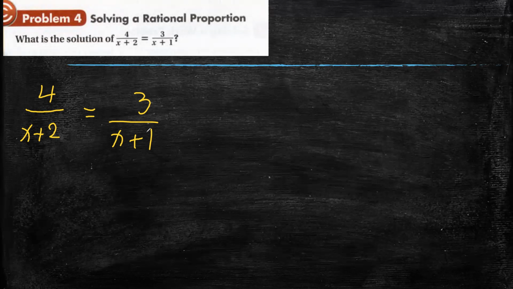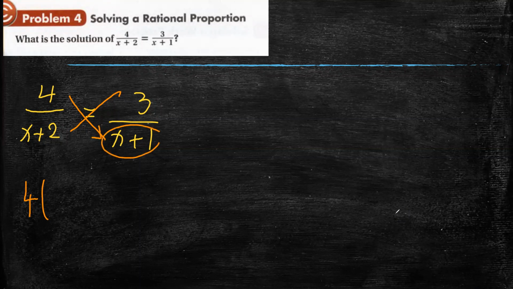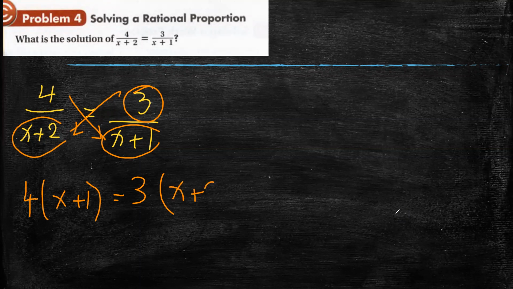In other words, you have to use the cross product. So 4 times x plus 1 must be equal to 3 times x plus 2. This we call the cross product.